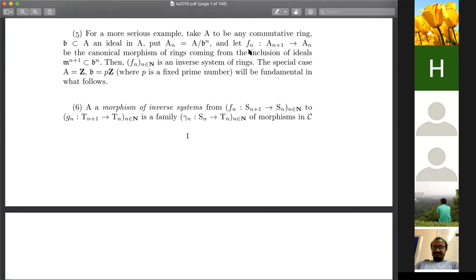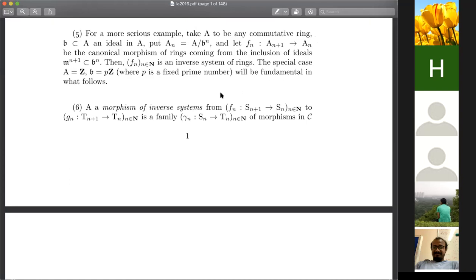So what is the homomorphism Fn from An plus 1 to An? It's the natural homomorphism of rings, which comes from the inclusion of ideals. B to the n plus 1 is contained in B to the n. This inclusion of ideals here gives you this morphism of rings.